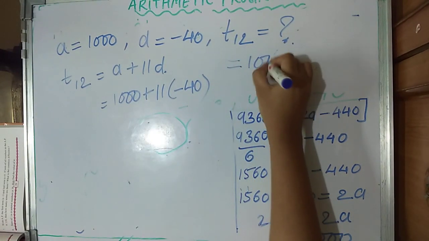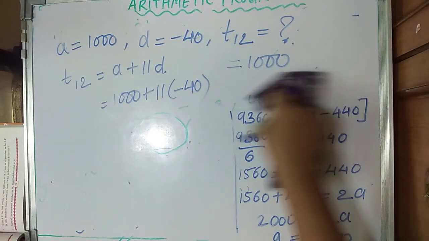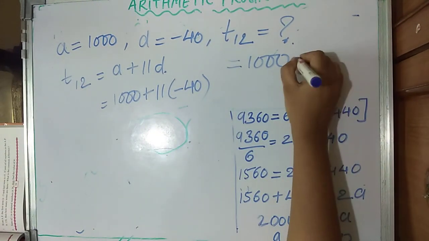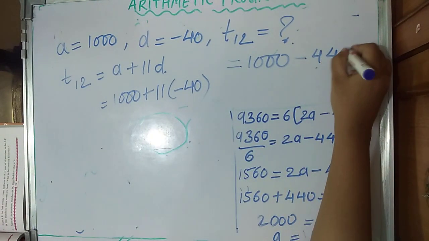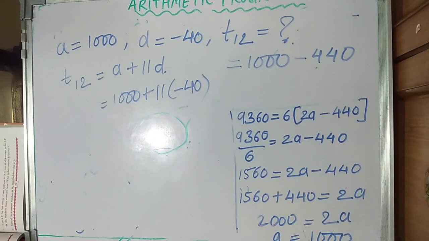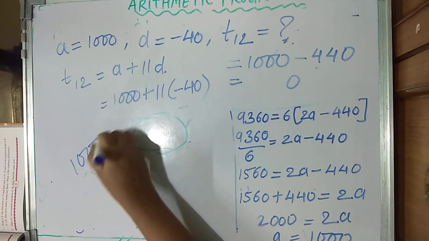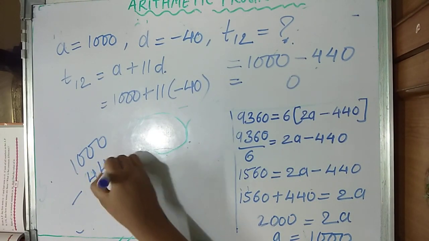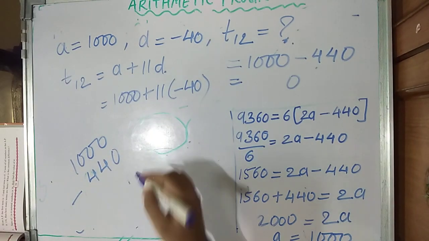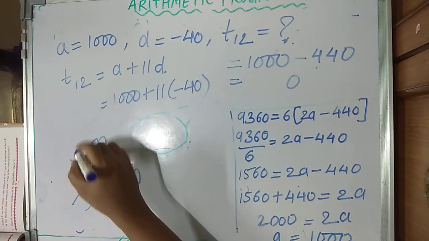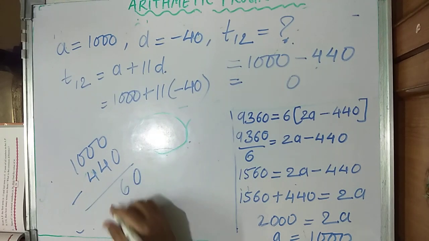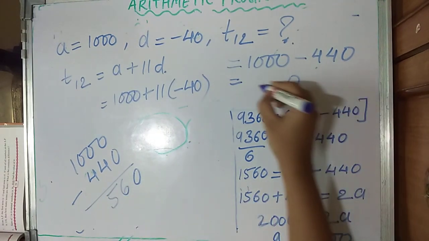This will be 1000 minus 440. 1000 minus 440 is 560 rupees.